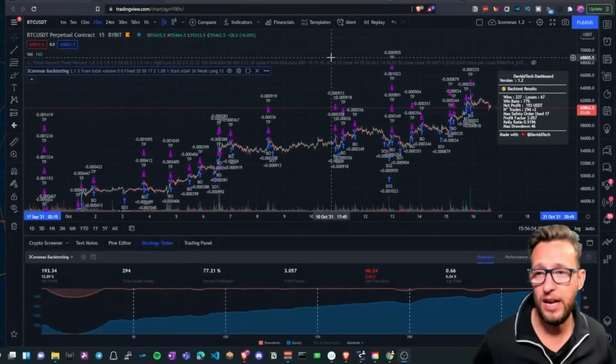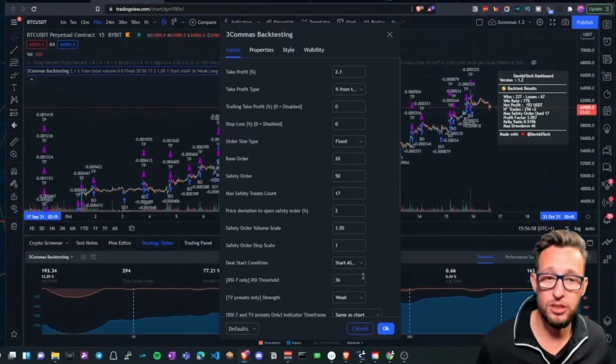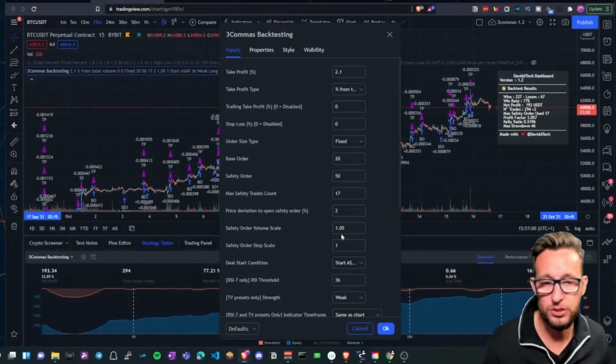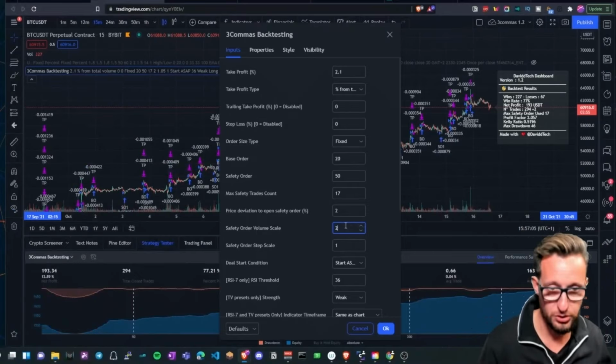Okay, as I said earlier, I haven't really managed to change much, because the problem is as soon as you start changing the settings for the safety orders, you end up falling into a trap of seeing, let's just change this to 2.